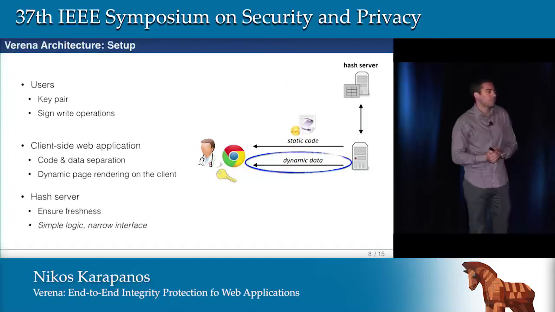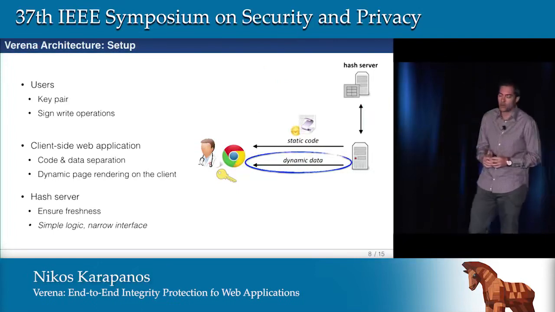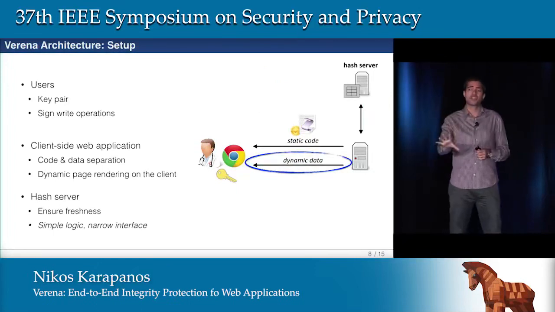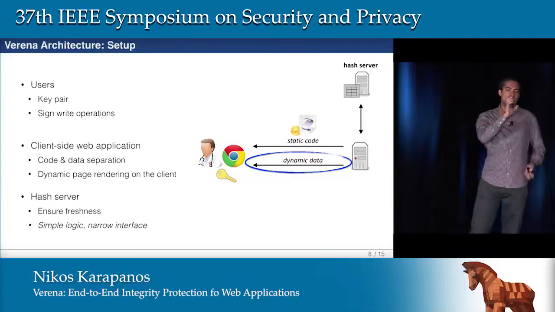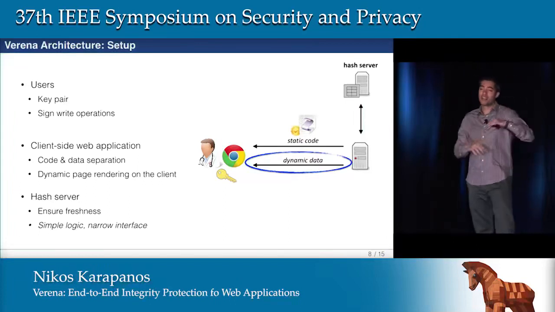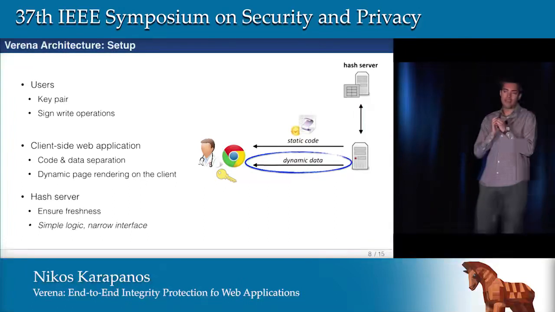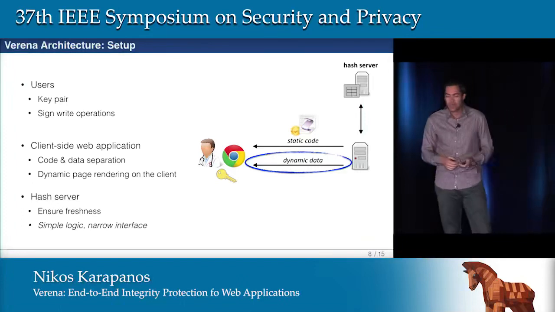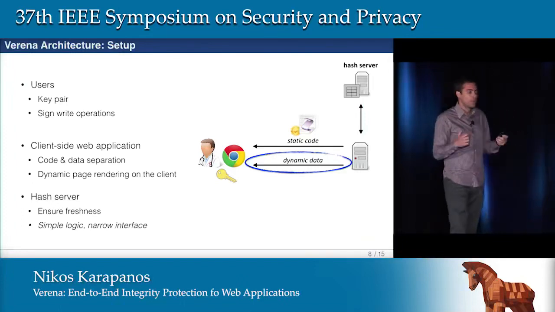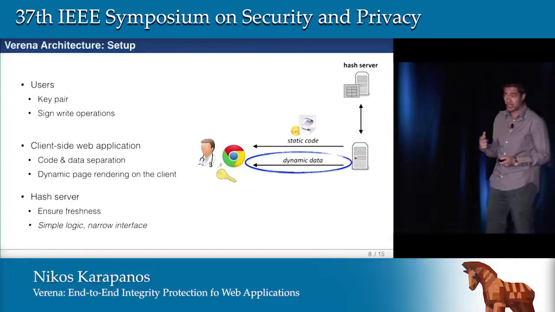Another important thing, as I told you, is that we need to ensure that whatever we get is fresh. But it has been shown already that if the server is compromised and the clients don't have any means of communicating with each other outside the server, through another channel, then there is no way to have freshness, and the server can always perform fork attacks. So in order to solve this, we need an extra component in our system to help us ensure freshness.